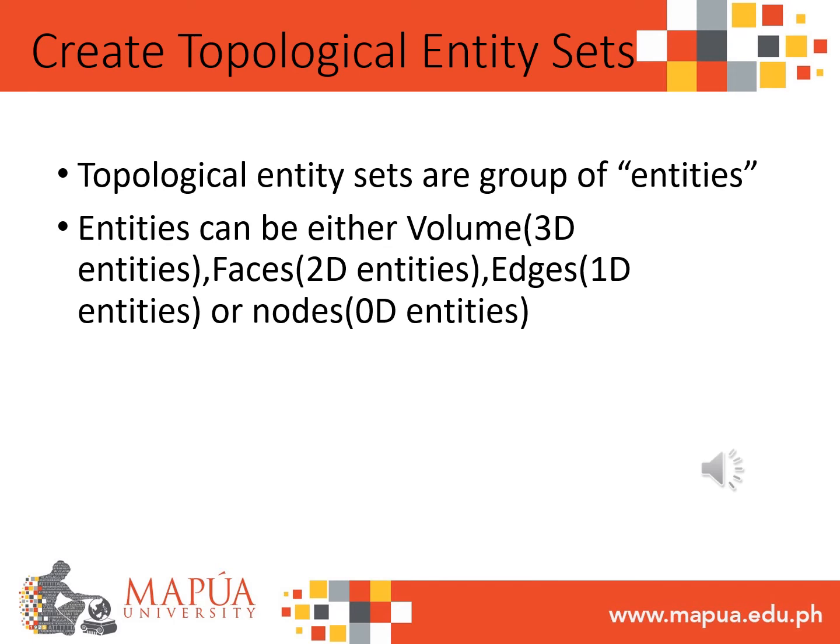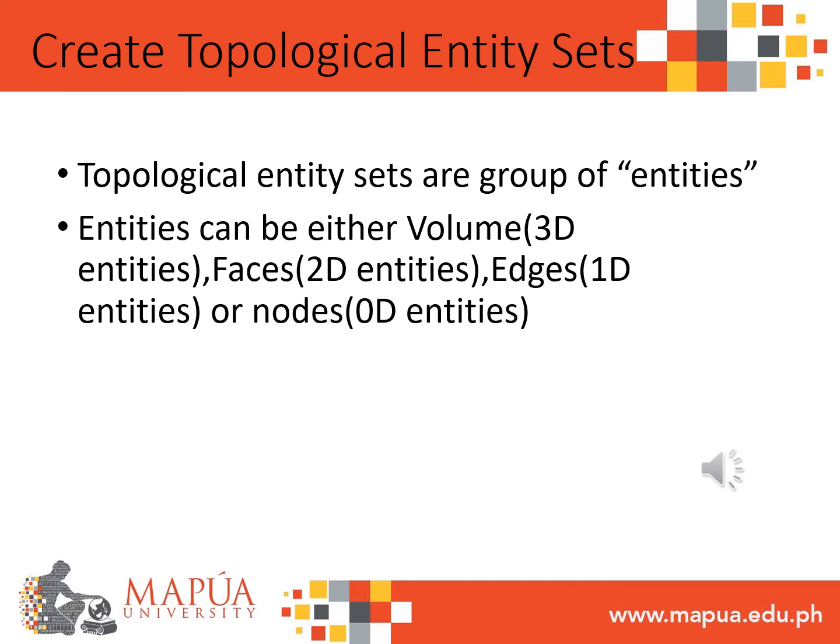Next, we have creating topological entity sets. Usually, after defining the enclosure and selecting the analysis type, we proceed to defining the materials and assigning boundary conditions. But we would still create topological entity sets even though it is not necessary, because it is good practice.